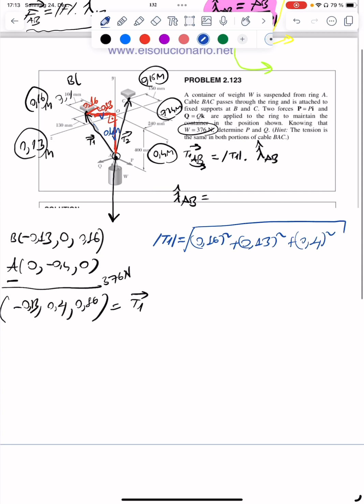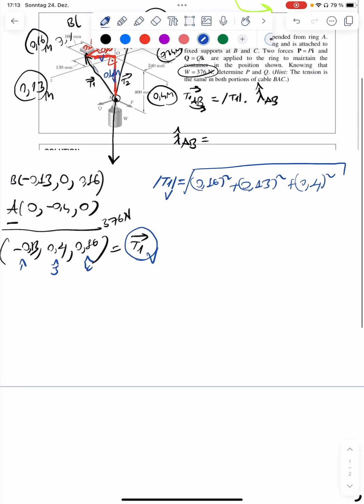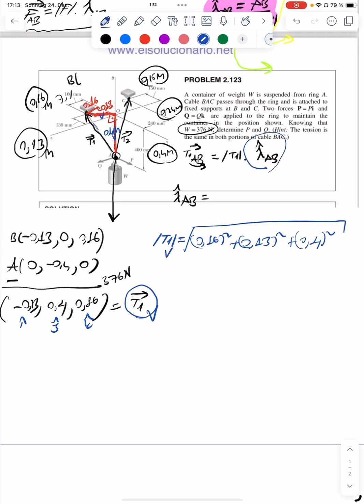And we know the distance of tension one and its components in i, j, k form, and it is easy to find lambda hat AB.